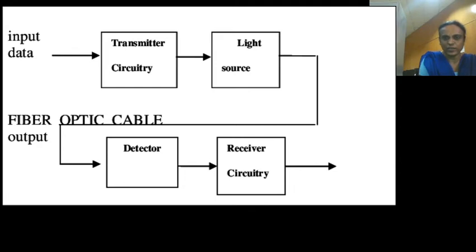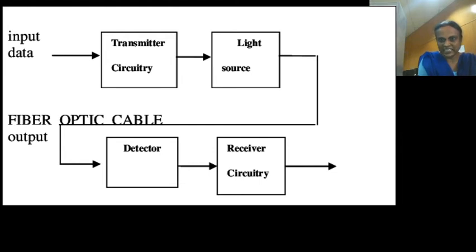I hope I am very clear with this. It means that there should not be any mixing of signal, jumbling of signal, no signal degradation, nothing. Whatever is the value of the wavelength which has been transmitted, it should be received back at the receiver side.